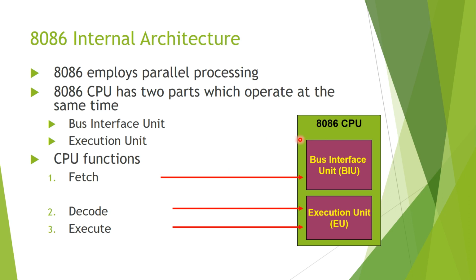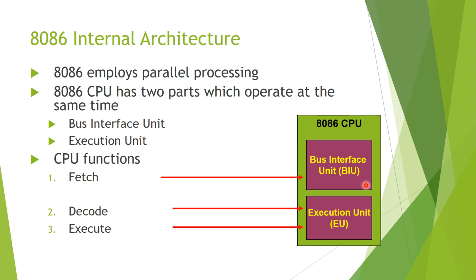Now 8086 microprocessor employs parallel processing. So for the parallel processing, the architecture of 8086 is divided into two parts. One is known as the bus interface unit, that is BIU, and another is the execution unit. Now this bus interface unit will communicate with the external device, whether it is a peripheral input output device or the memory.